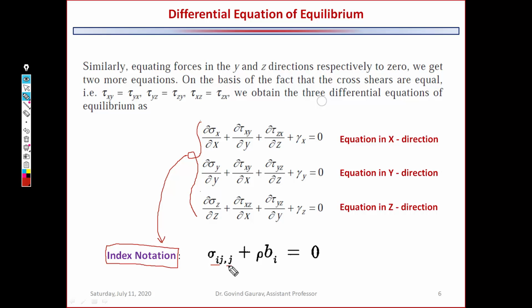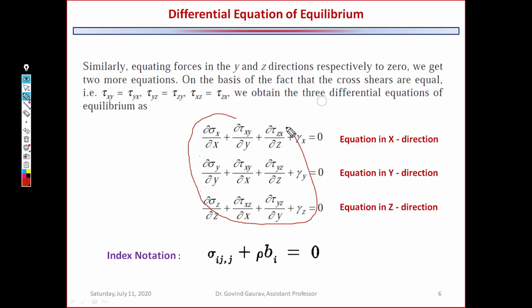This means the derivative with respect to j, plus rho, the density, times bi, the body force acting in the corresponding direction. So all these equations can be represented by a simple equation in terms of the index notation, which is this equation.